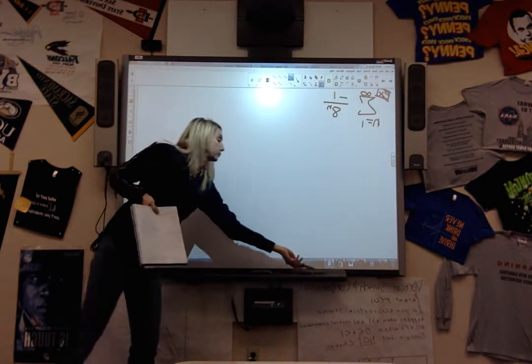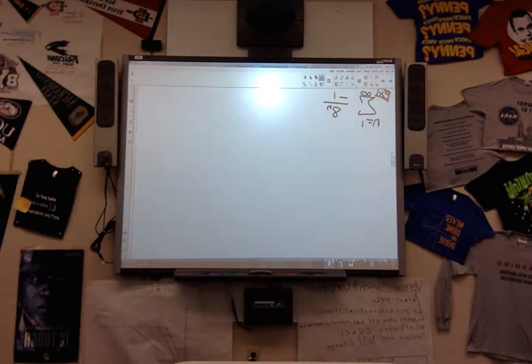Converge or diverge, and what test, and what condition. If your n is only in the exponent, that should be jumping out at you, you guys.